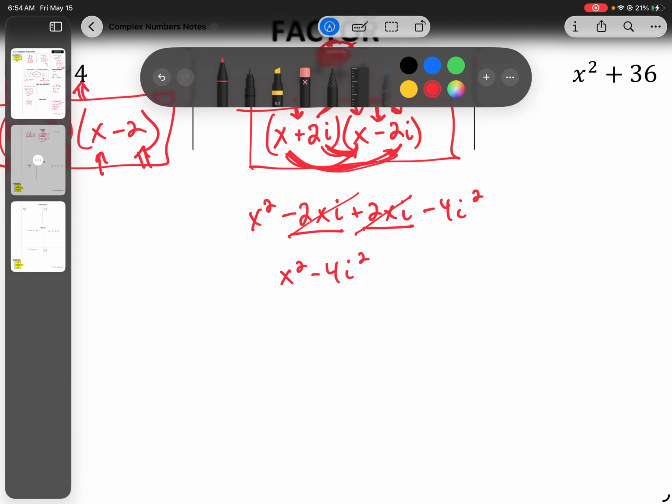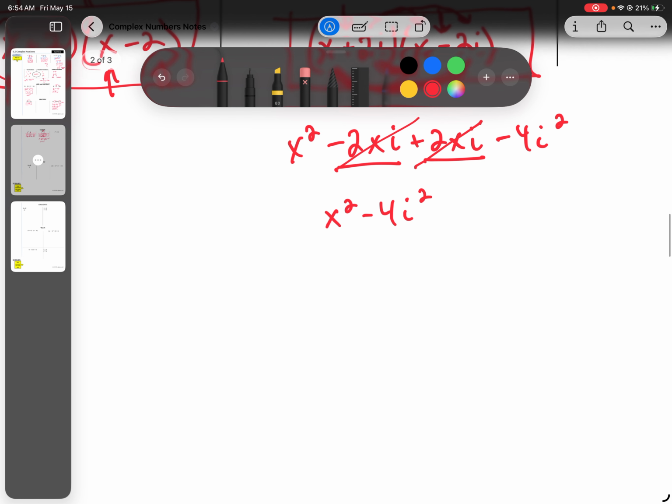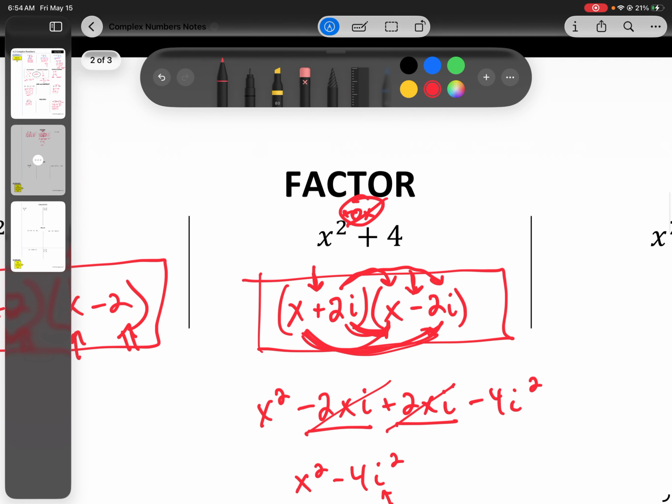So you get that negative number because when you multiply a positive times a negative, you get a negative. But now because you had i's there, remember that i squared is equal to negative 1, and negative 1 times negative 4 equals x squared plus 4. So the moral of the story here is you can now factor a sum of two squares.